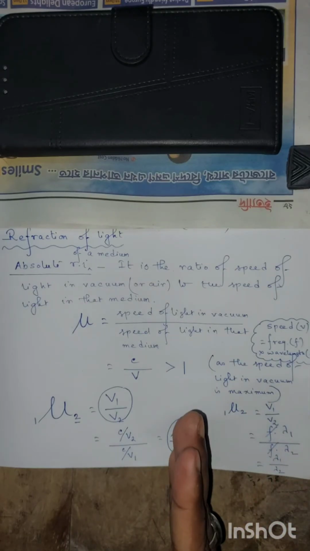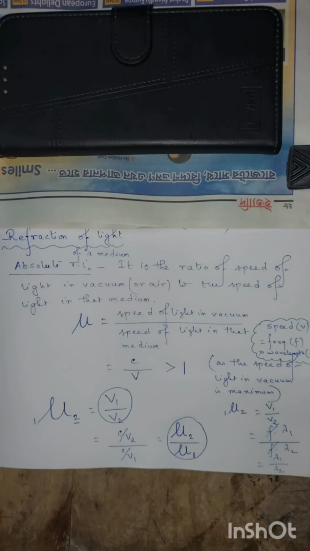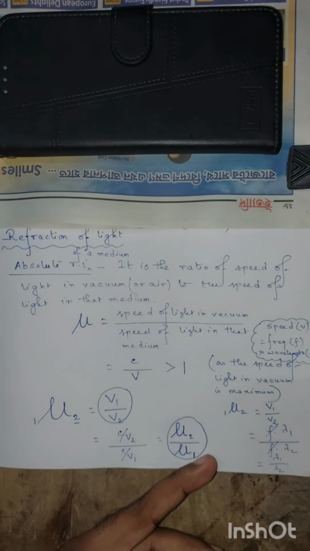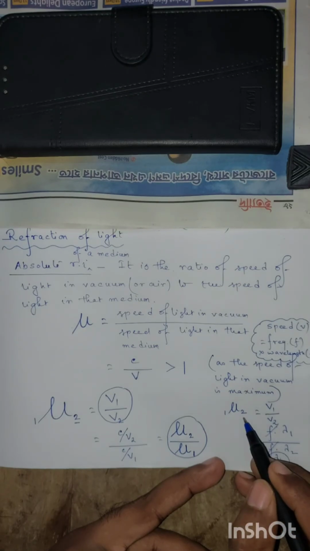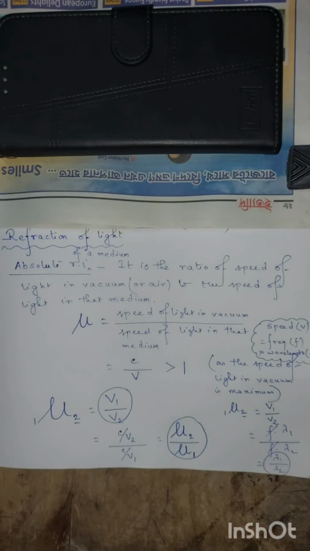So when light goes from one medium to the other, its wavelength changes. So mu2 1 can be written as lambda 1 by lambda 2. This is another important way of writing refractive index of medium 2 with respect to medium 1. So these three formats are important. You need to remember these things.